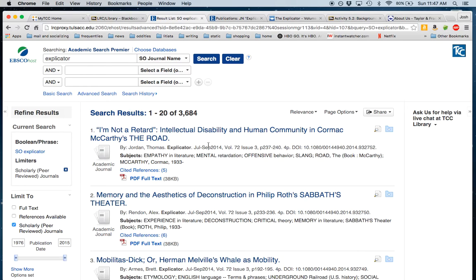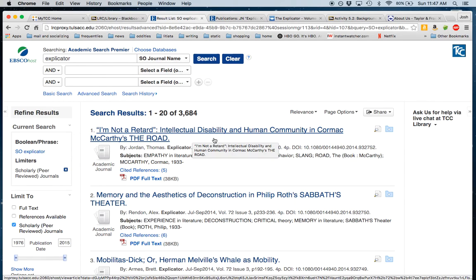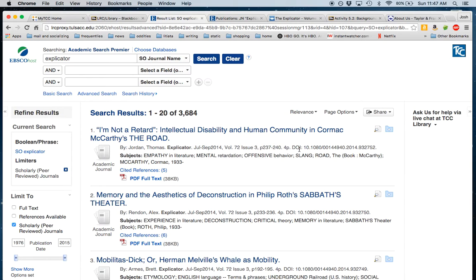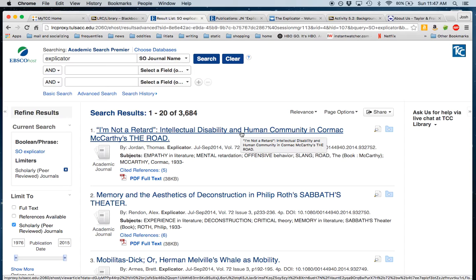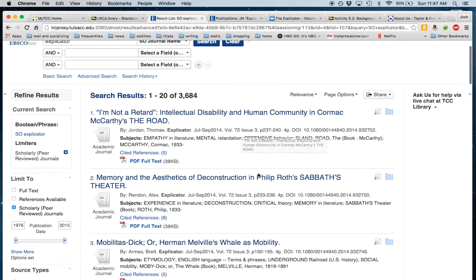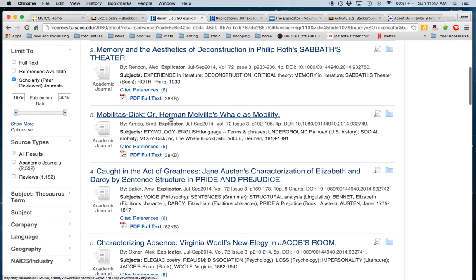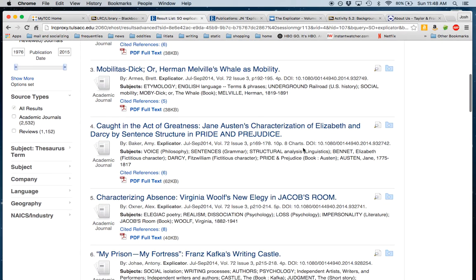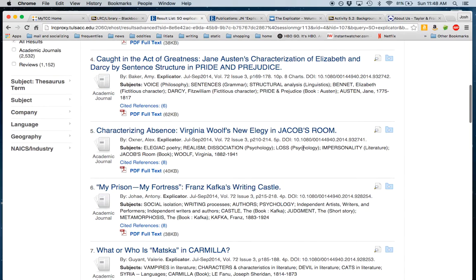So in this nicely titled article on intellectual disability and human community and Cormac McCarthy's The Road, this article is going to be a secondary source that is analyzing the primary source of Cormac McCarthy's novel, The Road. The same for this, a secondary source on Herman Melville's Moby Dick, which is the primary source, and on and on and on for each one of these.